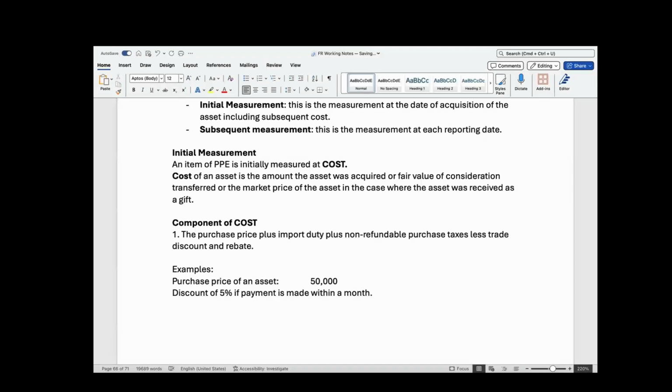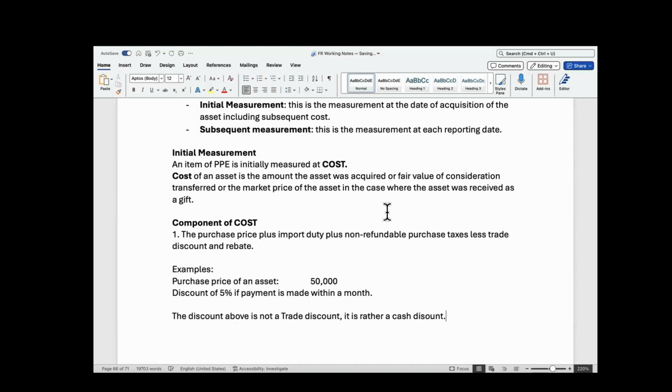You know that this is not a trade discount. It is rather a cash discount. This is not the discount we are saying you should deduct.